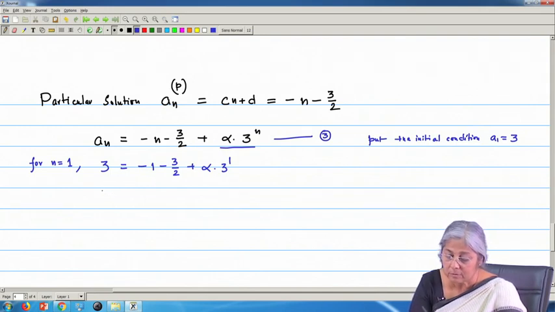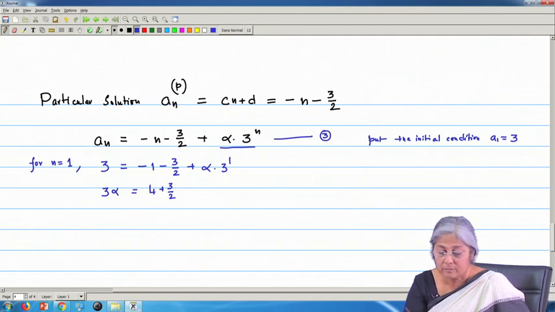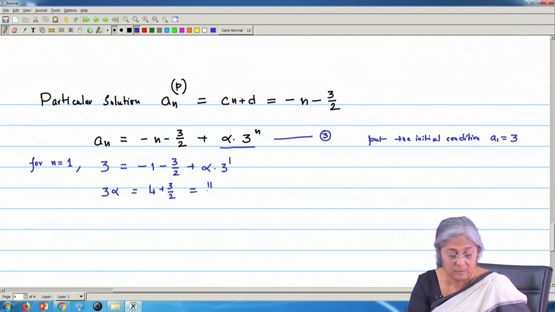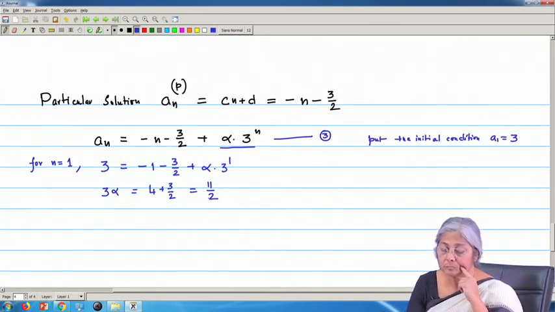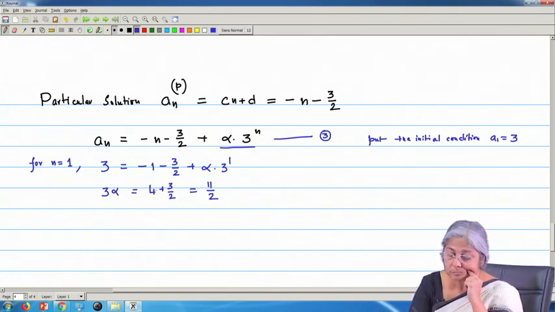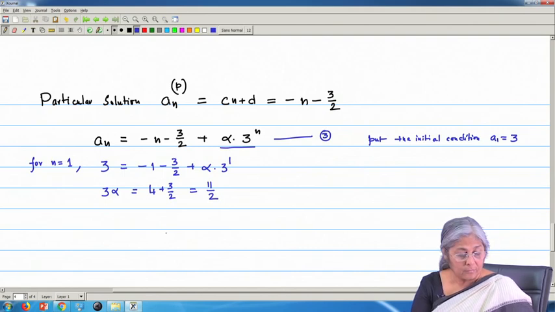So 3 alpha equal to 4 plus 3 by 2, which is 11 by 2.